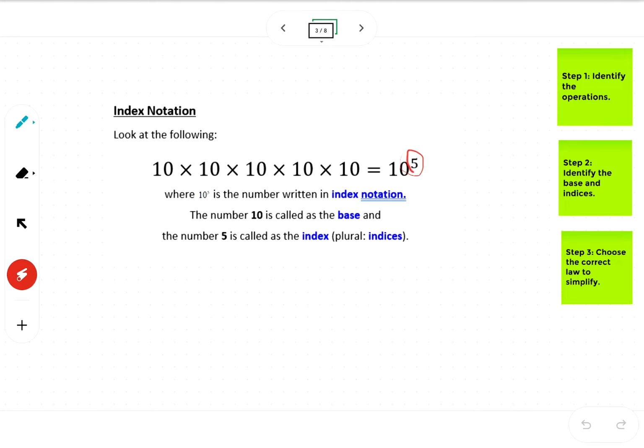This is what you call the index, or indices in plural, and this 10 is what you call the base. So if you see 10 with index 5, 10 to the power of 5, it means there's a repeated multiplication of 10, 5 times. So 10, 1, 2, 3, 4, 5.